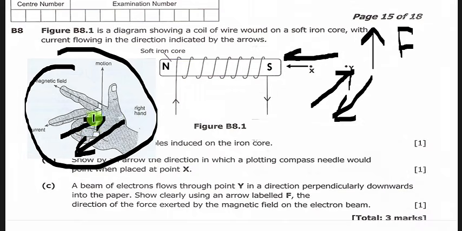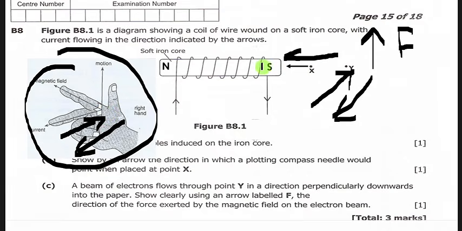Because if the field is facing like this, current, then the electron should be in the opposite direction to the direction of current. So then this one is in line, pointing in the direction of the field, north to south.